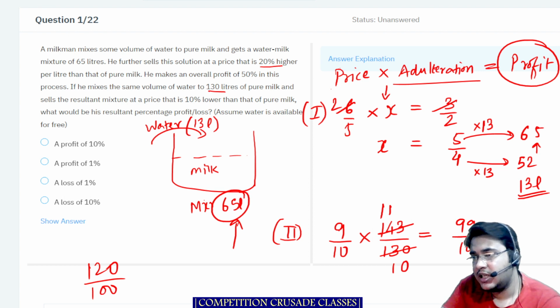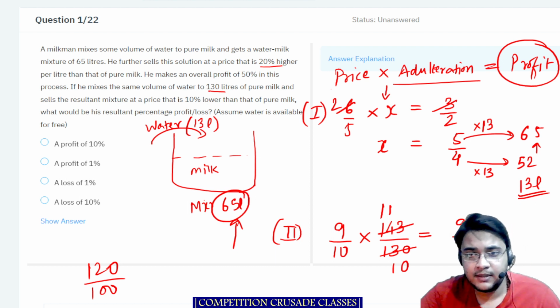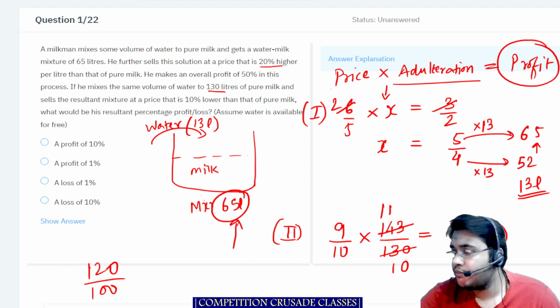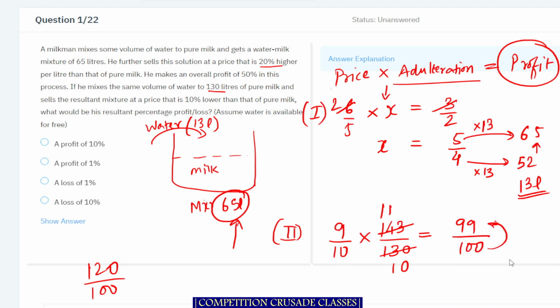So actually, if you see this time, initially, okay, just a second. Initially the price was 100, but now due to whatever this situation, the price got reduced by 1 percentage point.